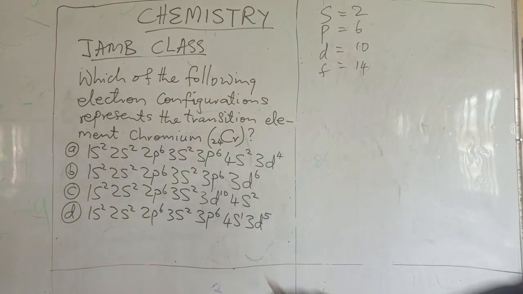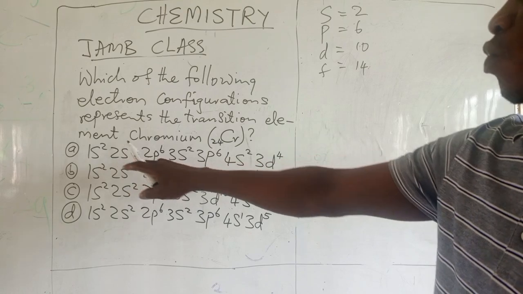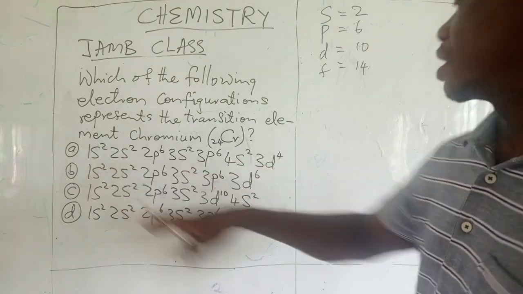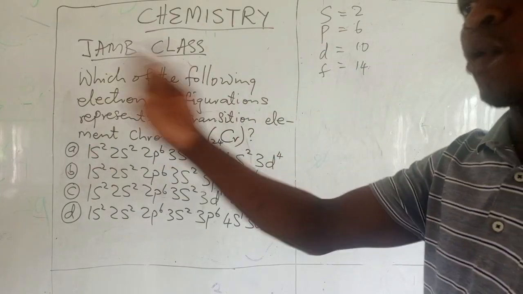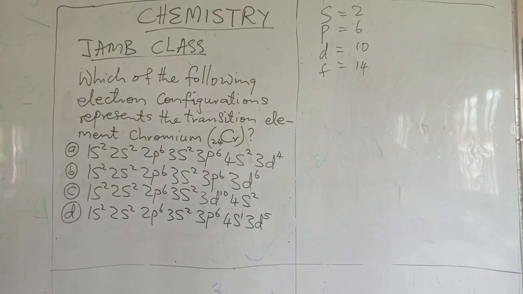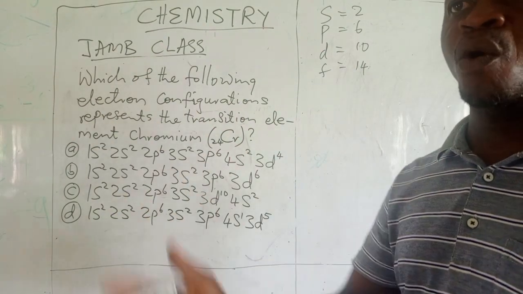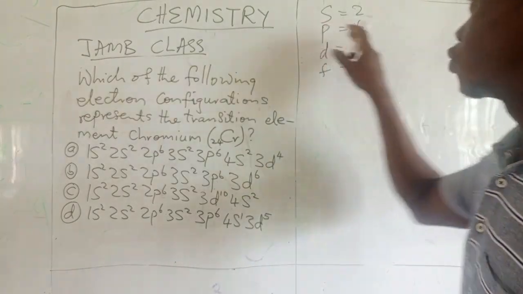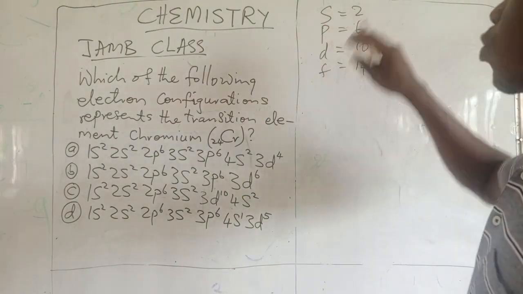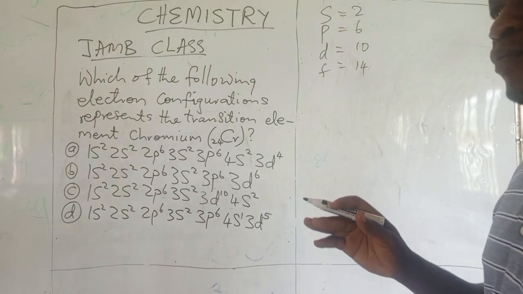Now, where you see s, it should not carry more than 2. Even if more electrons are still there, it can carry 1 when there's no more electron. But if you have more electrons, you put what? 2. The same with p, not more than 6.